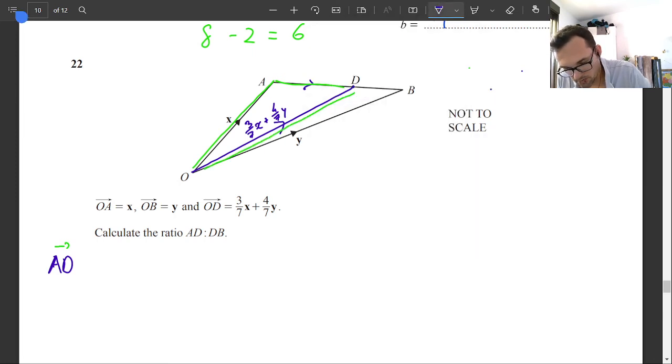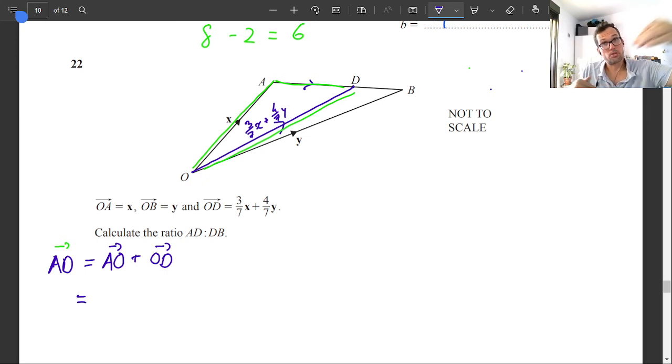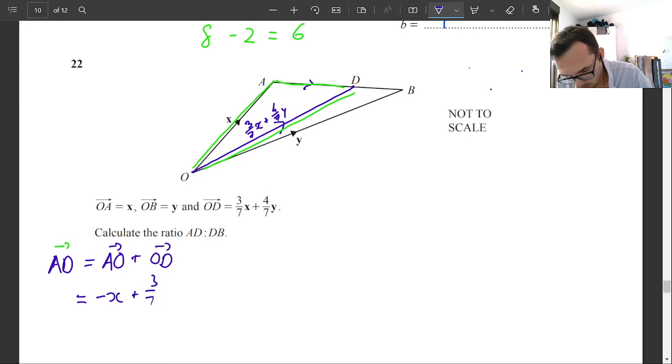Put in other words, to find AD, we need to calculate AO plus OD. So let's put the actual values in there. AO, I'm going in the opposite direction of the arrow, so it makes it negative. So that would be negative x. And then OD is what they've given us. So that's plus 3 over 7 x plus 4 over 7 y.